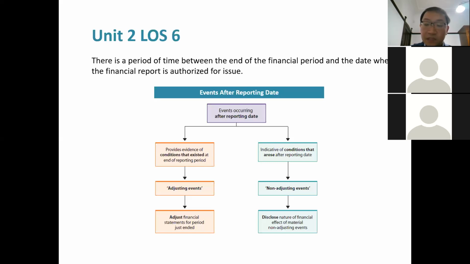Whereas if you, again, are a David Jones and you have a warehouse and your warehouse burns down in July, okay? So if you think about the balance sheet, right? So the idea that it's information at a point in time, the warehouse existed at the end of the financial period. So there's nothing wrong with the warehouse then.